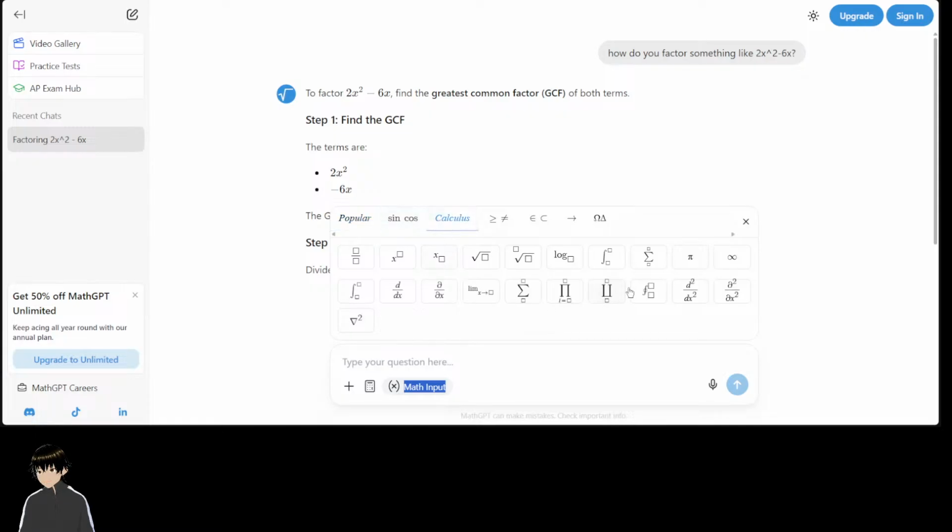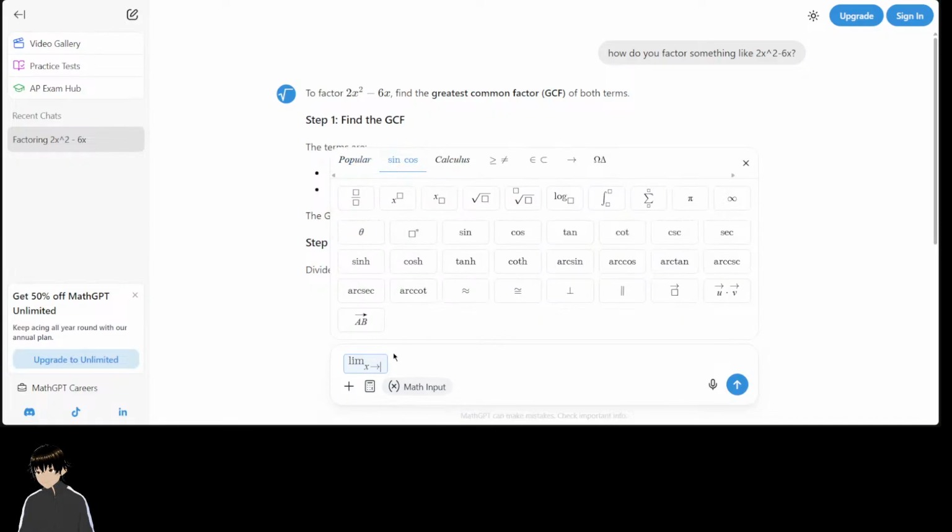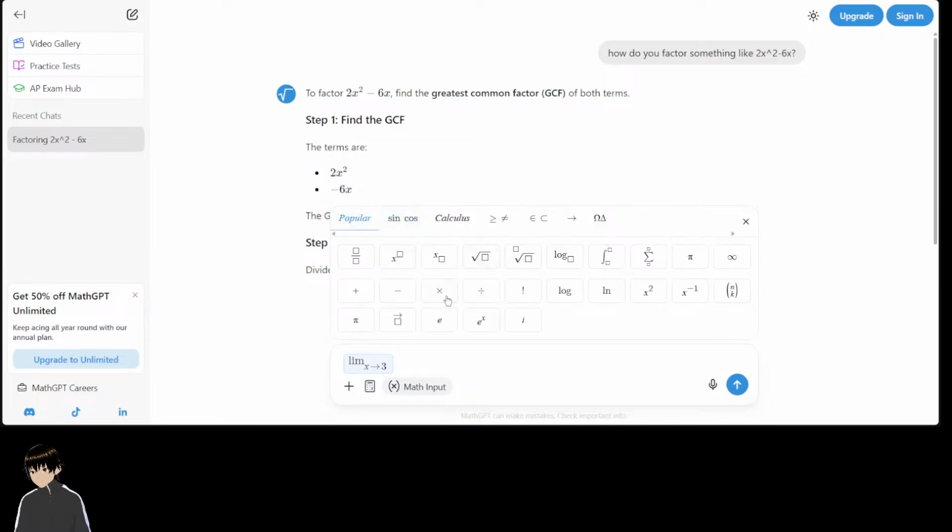Let me just try this. Limit as x goes to 3, and then the function, which is a fraction.